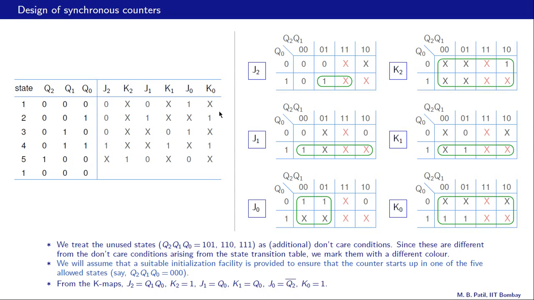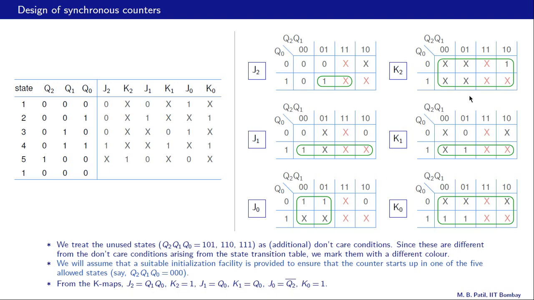Alright. Now once we have these K-maps, we can go ahead and minimize these functions J2, K2, J1, K1 and J0, K0, and then come up with expressions for each of them. And here are the minimized expressions for J2, K2, etc. J2 turns out to be Q1, Q0, and you can verify. K2 is 1.